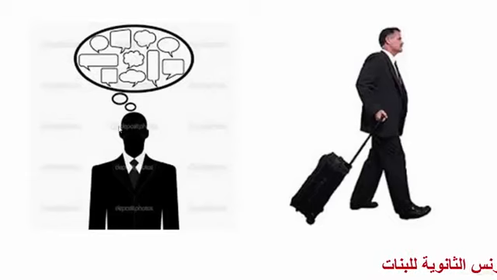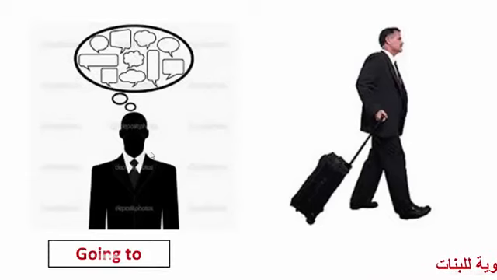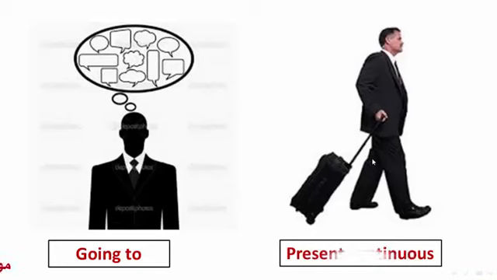Okay, and so with this one, we should use going to after the verb to be, going to. But here the tense is present continuous. So he is traveling, maybe to London or to any country. We don't know if he has completed arrangements or not.